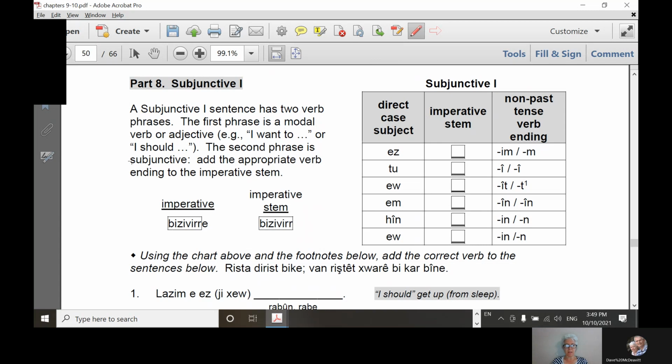The second phrase is subjunctive, and you add the appropriate verb ending to the imperative stem, which has the bi on it still. Otherwise, the verb endings are all the same. There is nothing added here in the front like di or de. That is not there, okay?